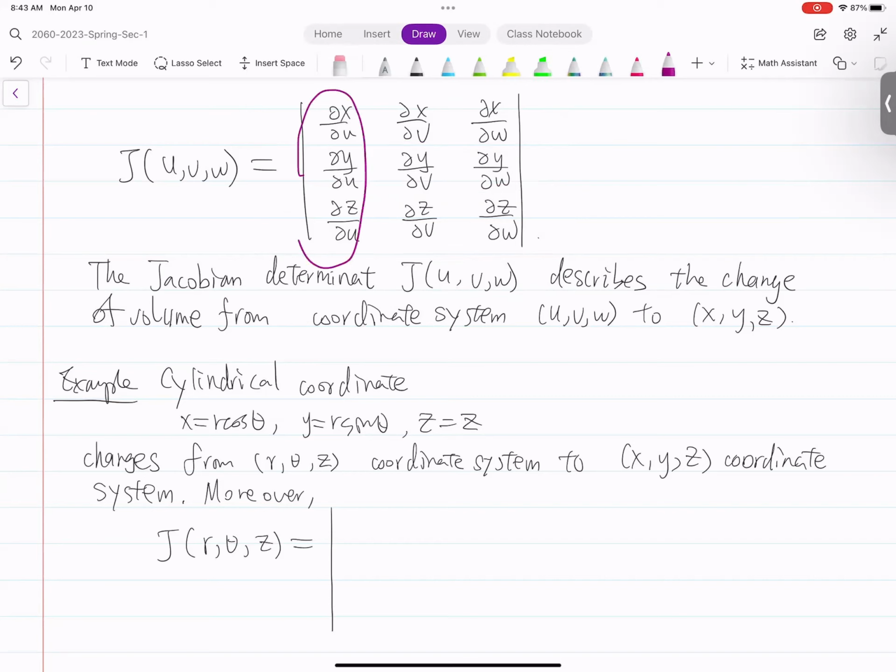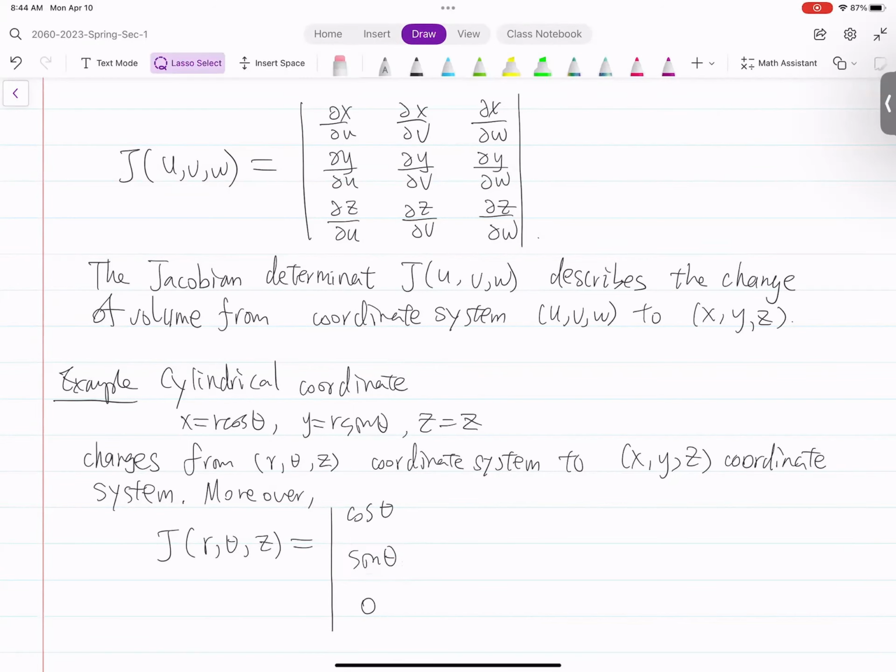The first column is all the partials in terms of u, the first old variable, the second column is everything about v, and the third column is everything about w. Then this is going to be a little bit easier if you are just doing the partial derivatives. So now let's look at x, y, z, where the first variable is r. We do all the partials with respect to r. So it's going to be cosine theta here, sine theta in the second row, and 0 in the third row. Excuse me, column.